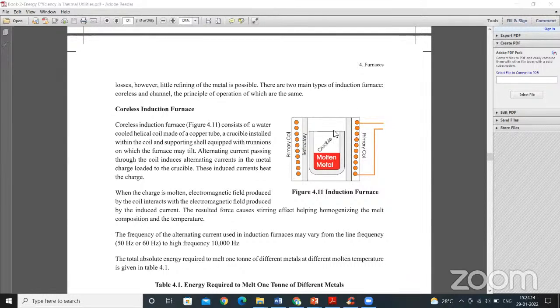So it will take some amount of time to go there, test the value and come back, and if it is correct, then they have to tap it. When it is not correct, they may add other materials like pig iron, coal, coconut shell, something like that to improve the property. So that is also taken care of.